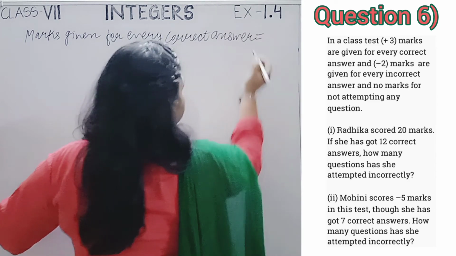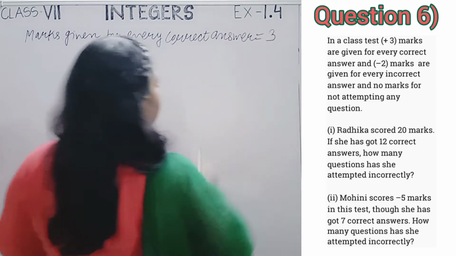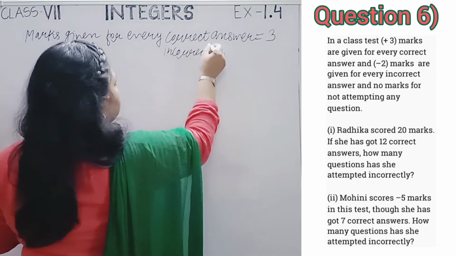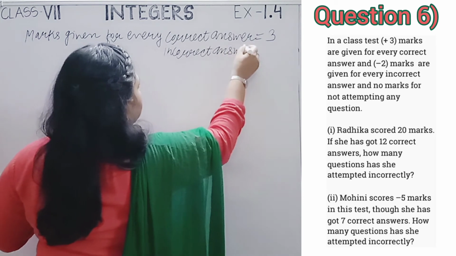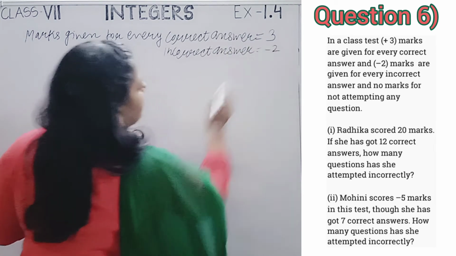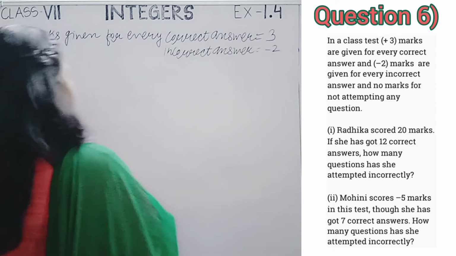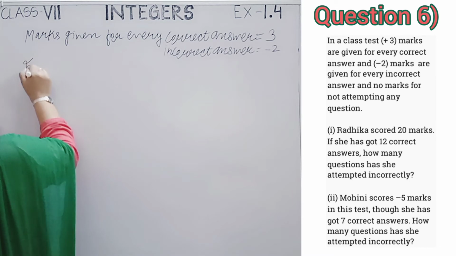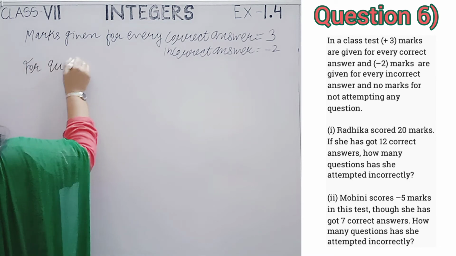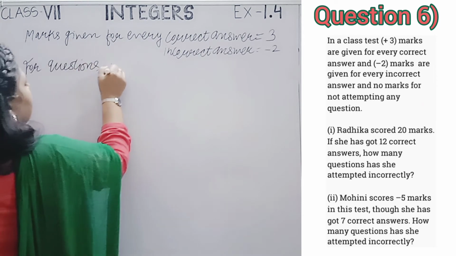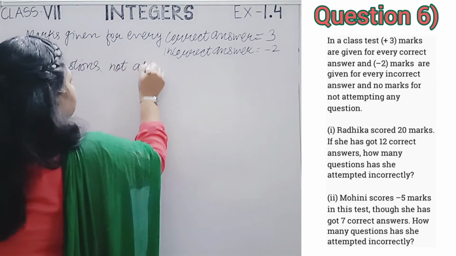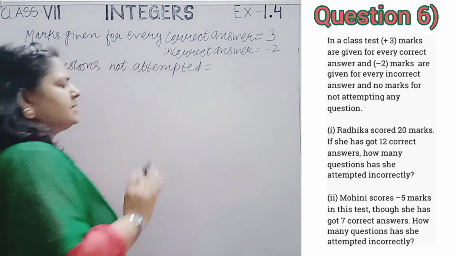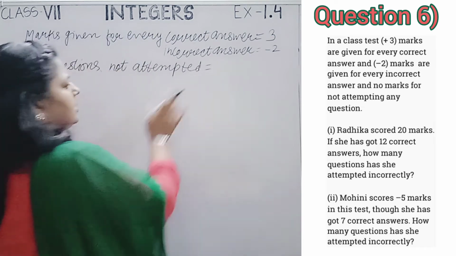Every correct answer she scored 3, and for incorrect answer minus 2, and for questions not attempted 0. So she doesn't get any marks if she doesn't attempt the question.